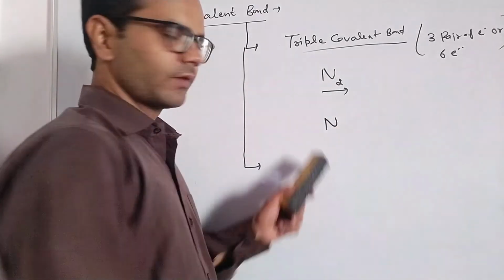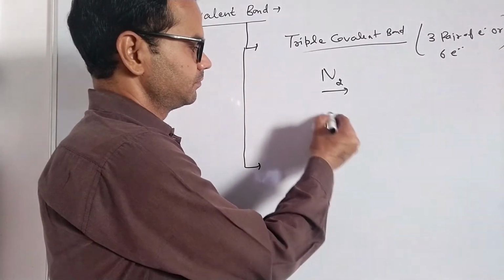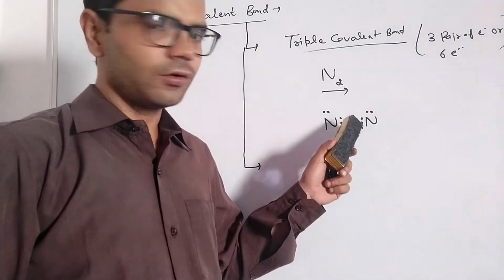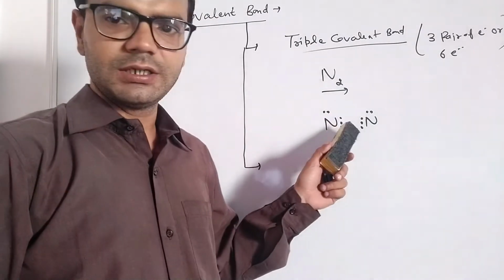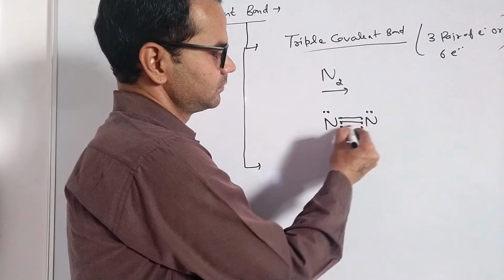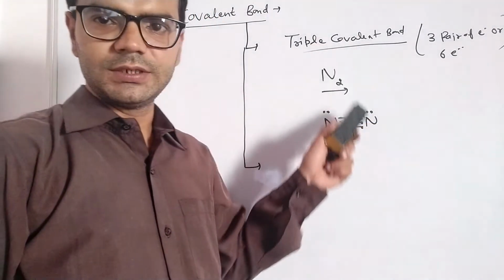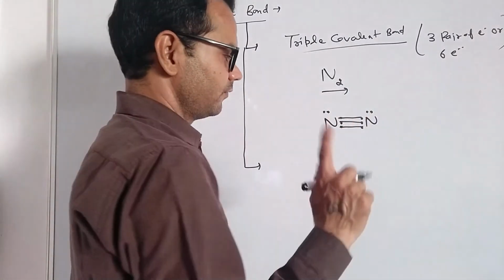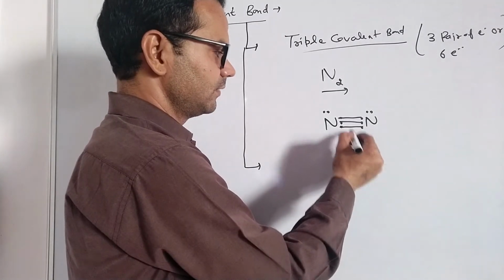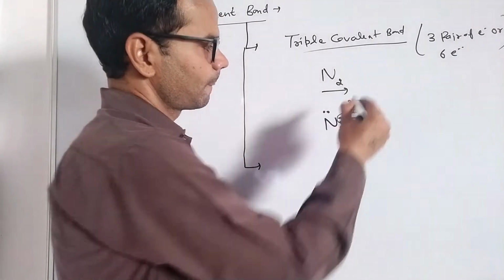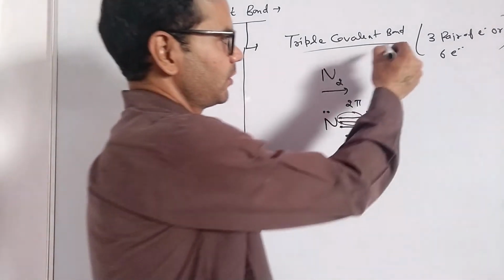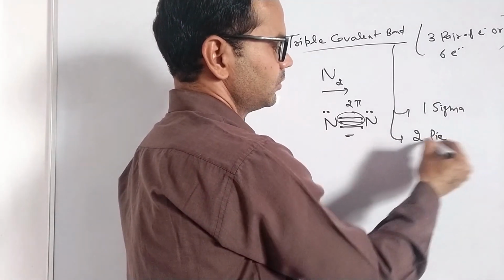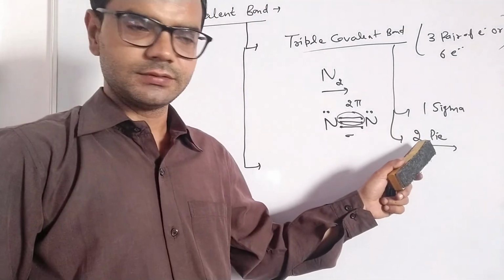Nitrogen contains 5 valence electrons. Now to achieve its octet or nearest noble gas configuration, they can share 3 electrons. A triple covalent bond is formed. But one thing to be noticed here, in a triple bond, we have one sigma bond and 2 pi bonds, right?